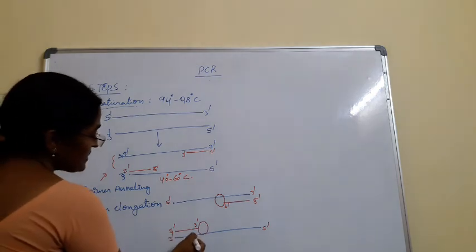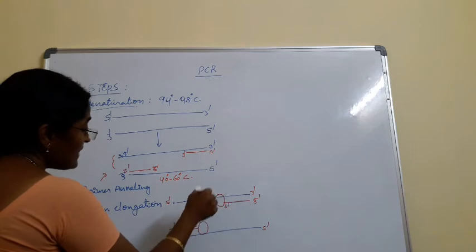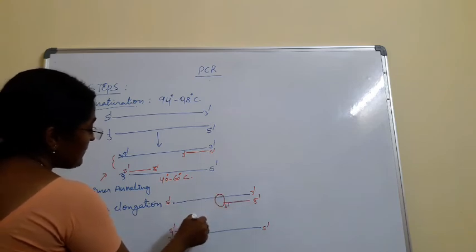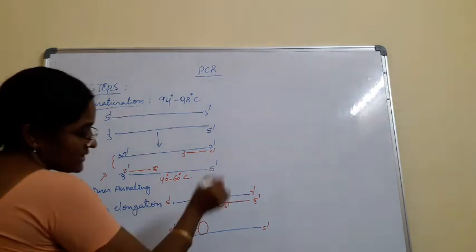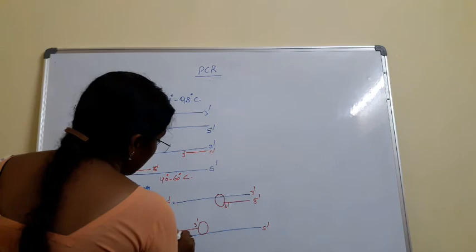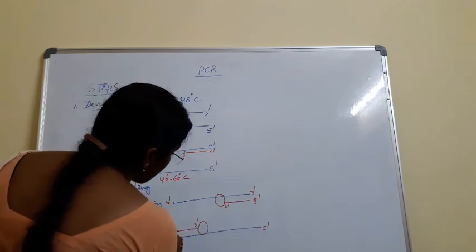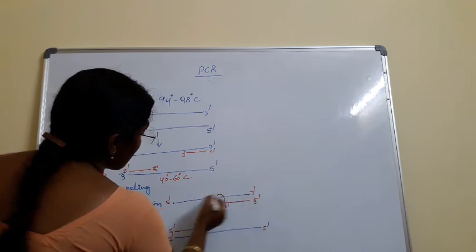According to the nucleotide sequence present on the template strand, complementary nucleotides are added by the DNA polymerase. During this process, chain elongation takes place from the 3 prime end of the primer along the template strand.